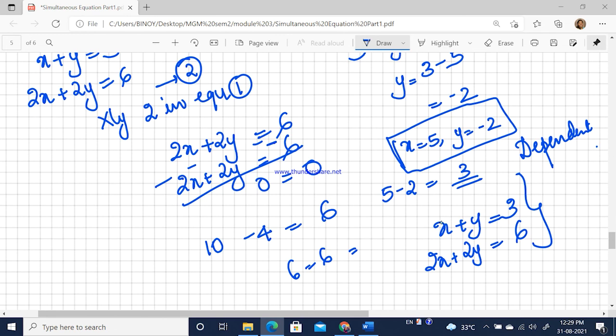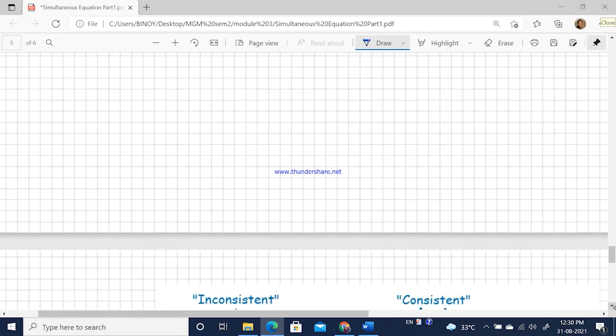When you multiply the first equation by 2, you will get the second equation. And the second equation is not giving any new information. If we are getting any new information, then we can say that it is independent. So that is the difference between independent and dependent.